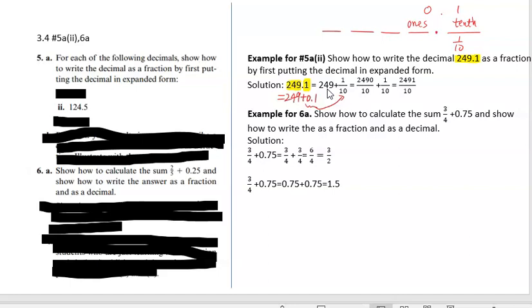And now we can use what we learned in this section, how to add fractions. Notice 249 is a whole number, but any whole number can be considered as a fraction with denominator 1. So I can put 249 over 1. Then this is turning into adding these two fractions.